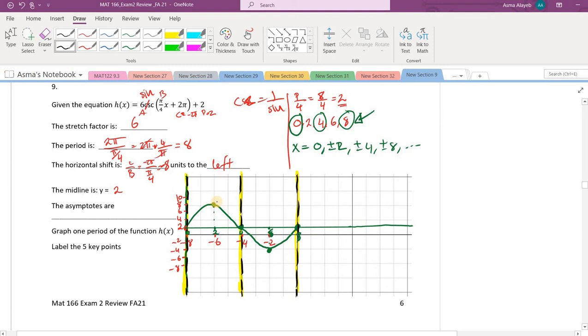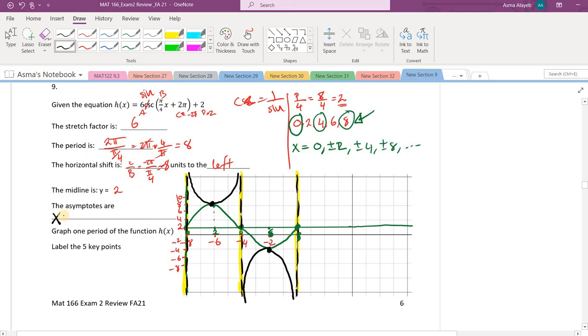Now to graph cosecant, I go to this point and then draw a parabola upwards. When I have a valley, when I have a mountain, when I have a valley, they share the same point here, and then I'm going to graph a parabola. One period is sufficient, or you can continue creating asymptotes and creating the graph of sine, and then put in the graph of cosecant in there.